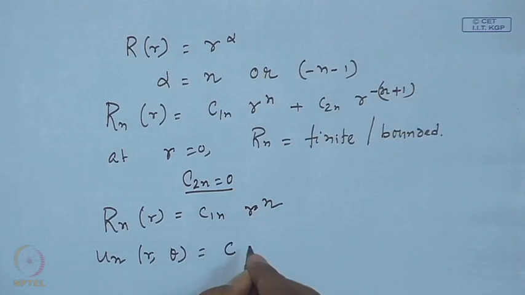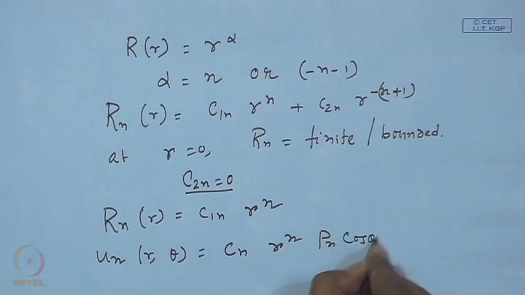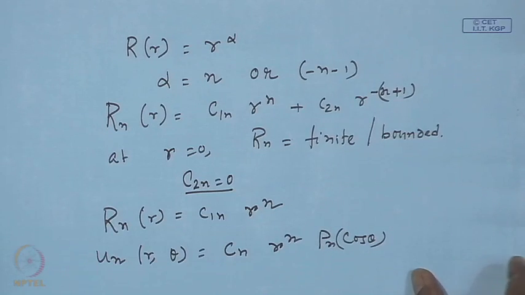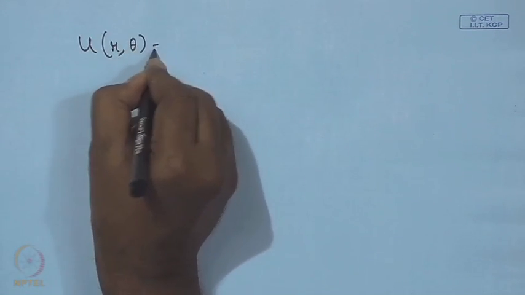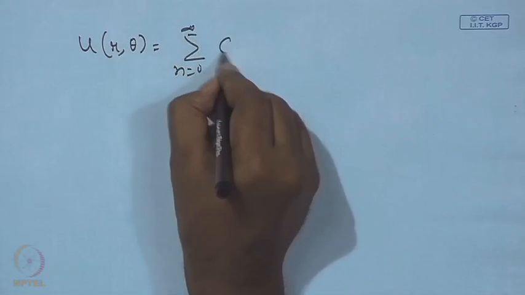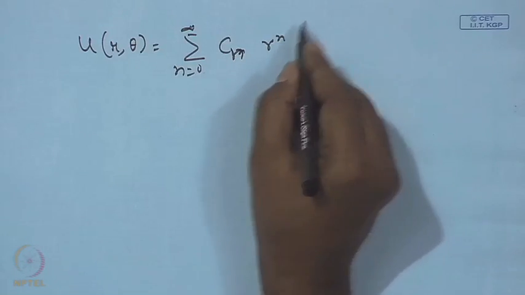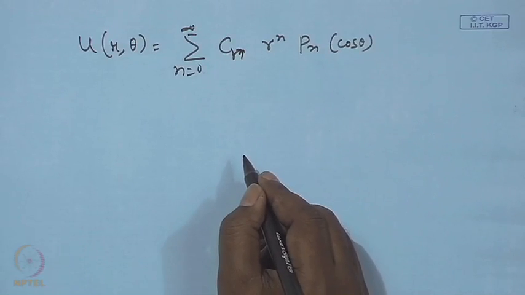It will be some constant, let us say C n, multiplied by r to the power n P n cosine theta. This is the nth solution corresponding to the nth eigenvalue. The complete solution can be obtained if you sum up all the contributions. So, u as a function of r and theta becomes summation n is equal to 0 to infinity C n r to the power n P n cosine theta. That is the solution.